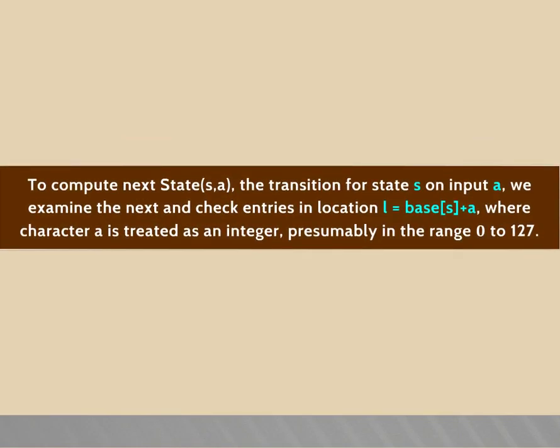To compute next state of s and a, the transition for state s on input a, we examine the next and check entries in location l, which is equal to base of s plus a, where character a is treated as an integer, presumably in the range 0 to 127.